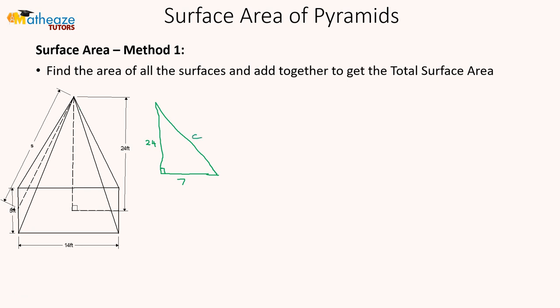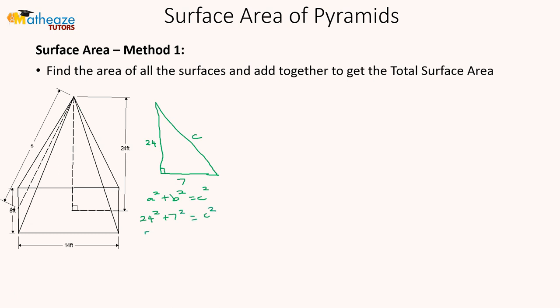The first thing we're going to use is Pythagorean Theorem to find the value of C. So we have, remember, Pythagorean Theorem is a squared plus b squared equal to c squared. So 24 squared plus 7 squared equal to c squared.